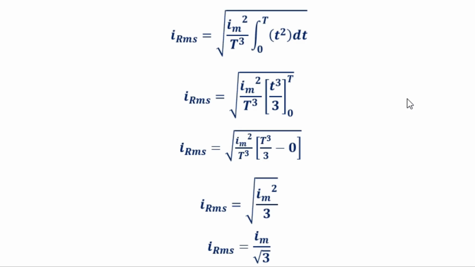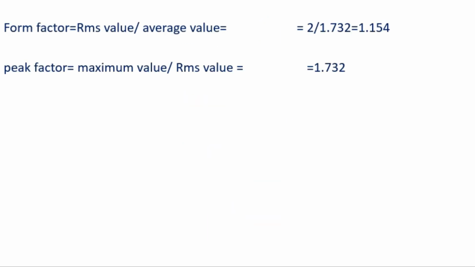IRMS equals under root of Im squared by T cubed into integral 0 to capital T of t squared dt. IRMS equals under root of Im squared by T cubed into T cubed by 3 with limits of 0 to capital T. Now by substituting the limits, we find the value of IRMS equals Im by root 3.